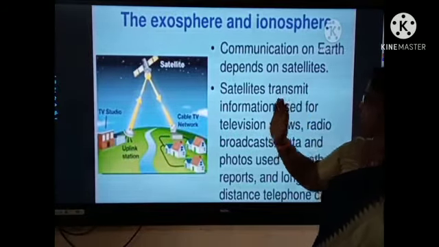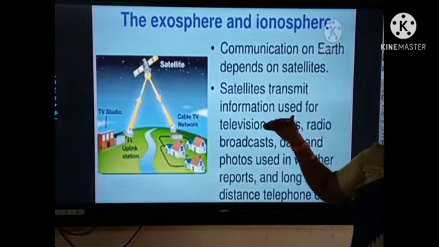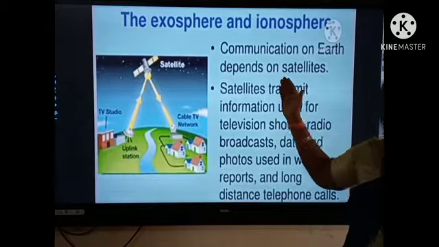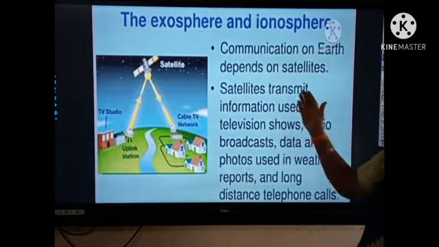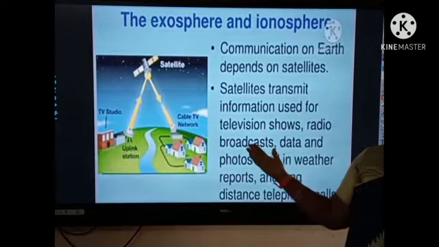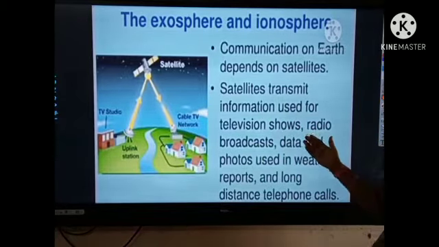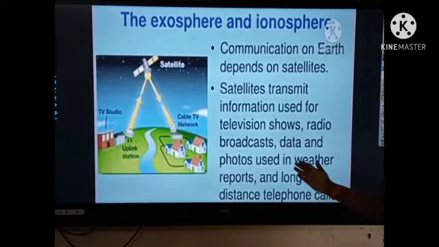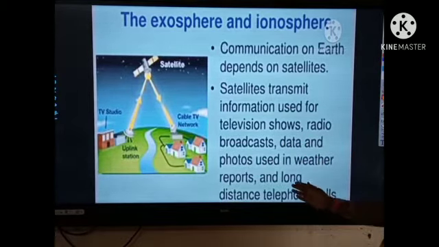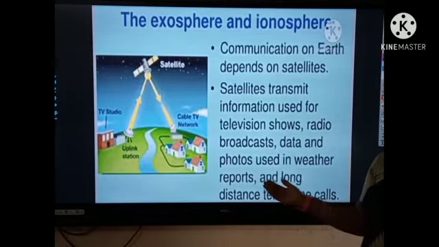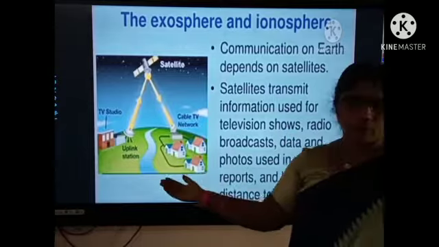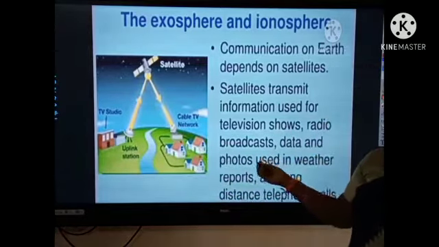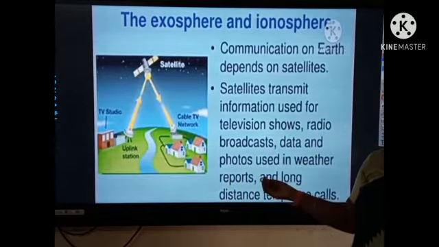Communication on Earth depends on satellites. Satellites transmit information used for television shows, radio broadcasts, data, photos used in weather reports, and long distance telephone calls. These are all importance of the atmosphere.